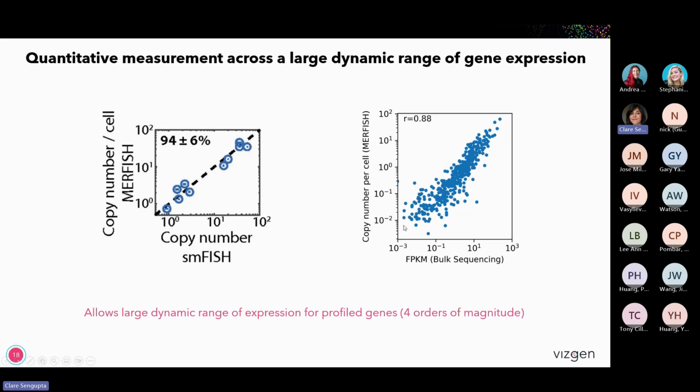And what that allows you to do is examine low transcript density genes and provide more nuanced data, because we don't have to amplify our signal with the MERFISH protocol. You're able to actually directly quantify copy number of your target genes, even down to this low copy number per cell value.